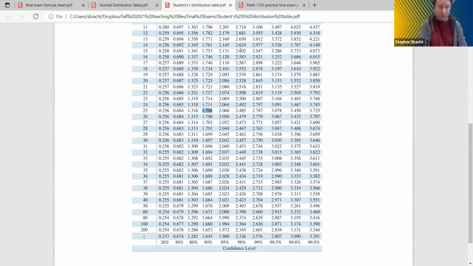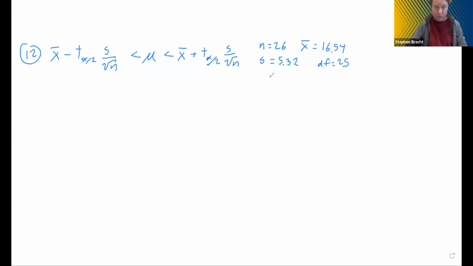So that is my critical value right there. Okay, 1.708. So t alpha over 2 equals 1.708.